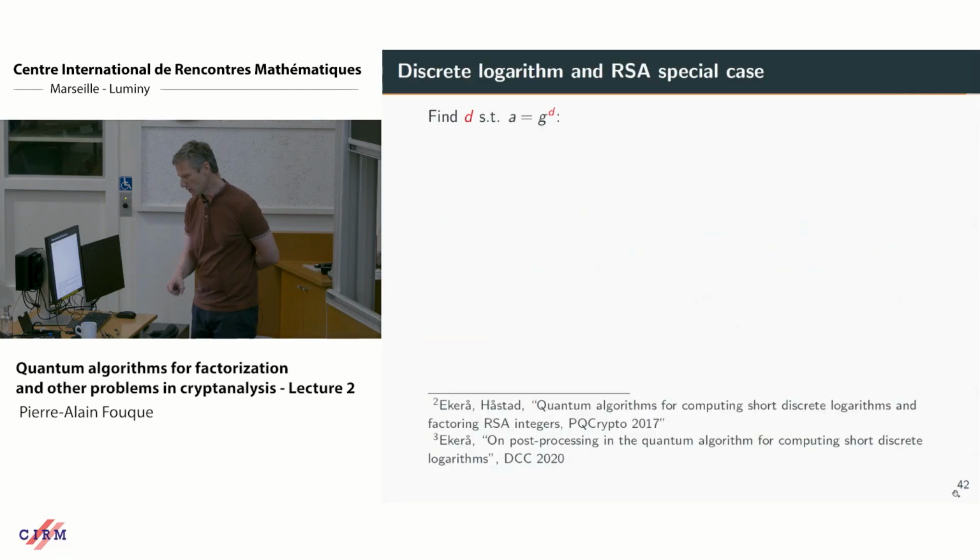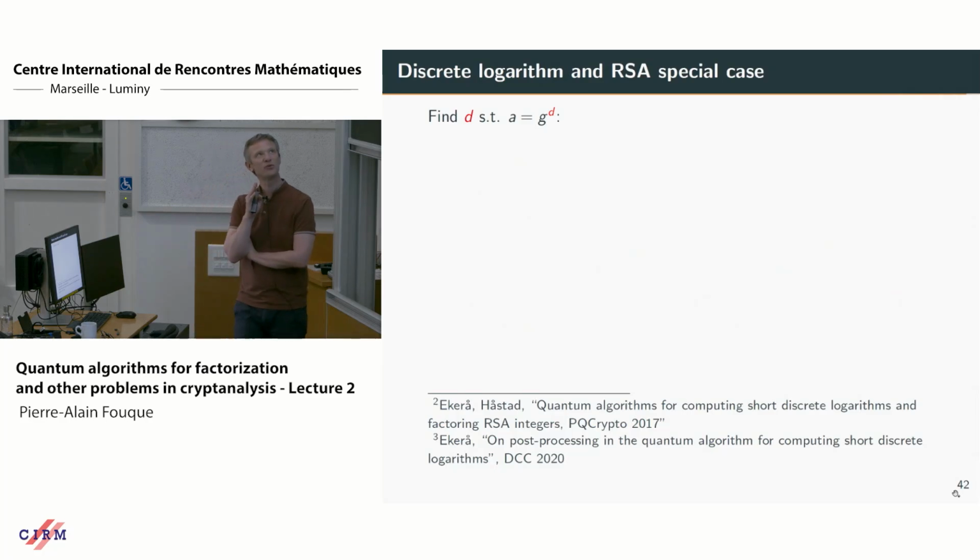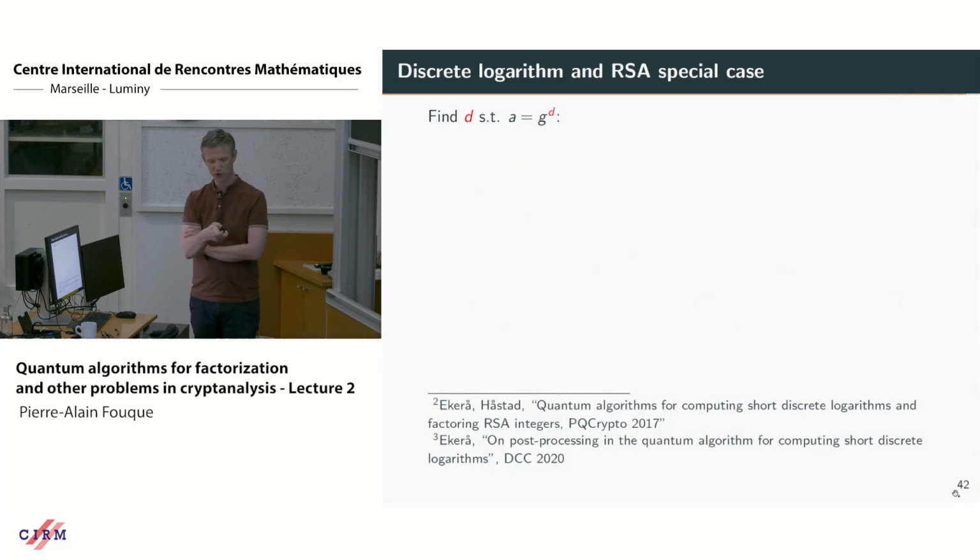So how do the algorithms work? In our case, we are not interested in computing the period of one element. We are, in fact, interested in solving the discrete log problem. So maybe it's a good opportunity to show you how it works with Shor's algorithm. Assume that you want to find D such that A is equal to G to the D modulo some integer.